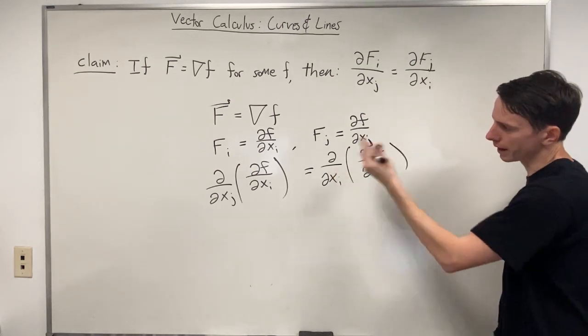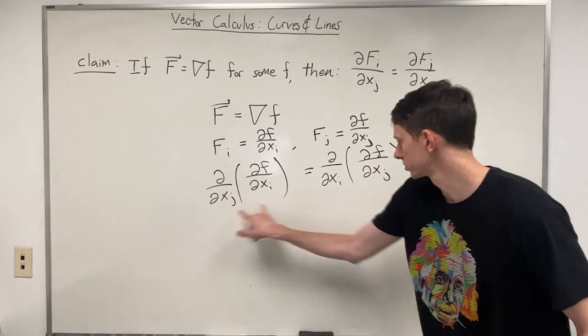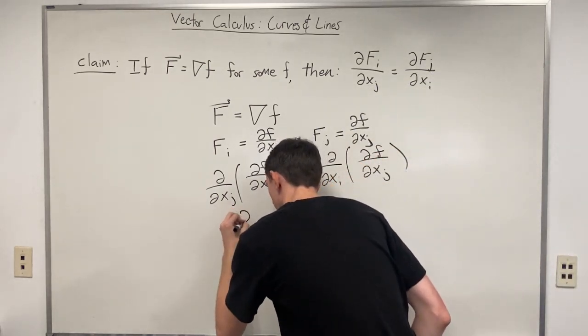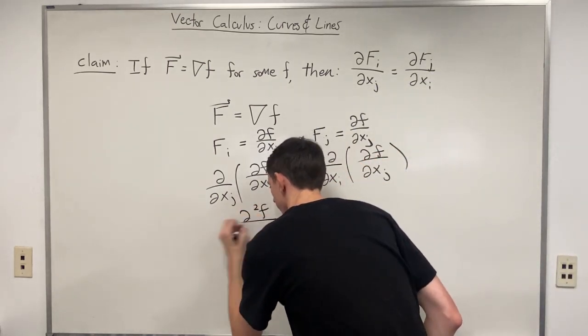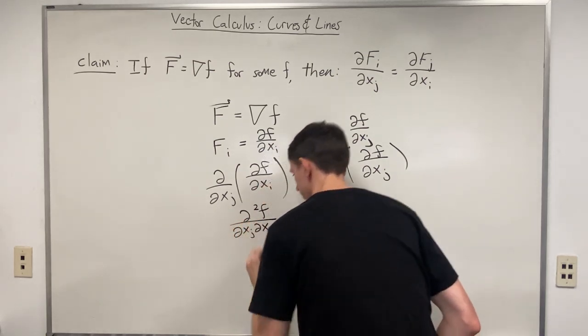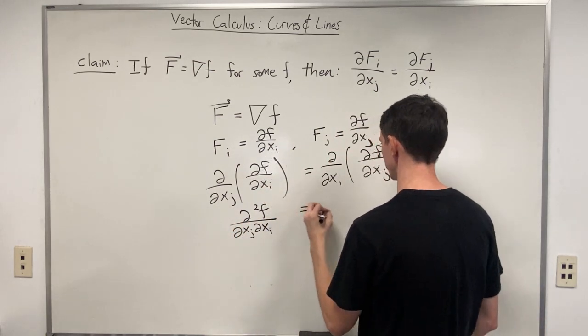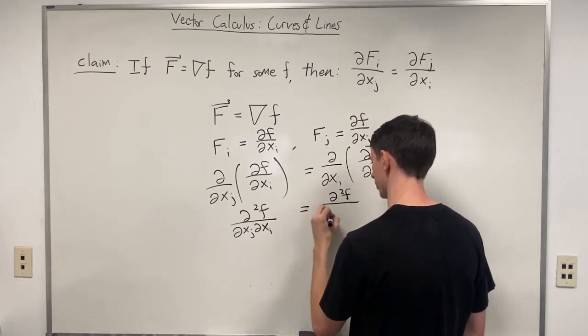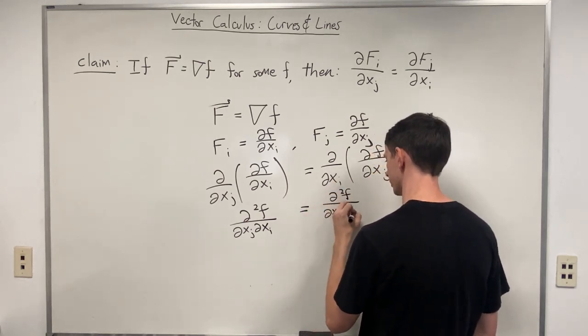Now we can apply the derivatives on both sides of the equation. So the left-hand side would be partial squared f, partial x_j, partial x_i, and that would need to equal partial squared f, partial x_i, partial x_j.